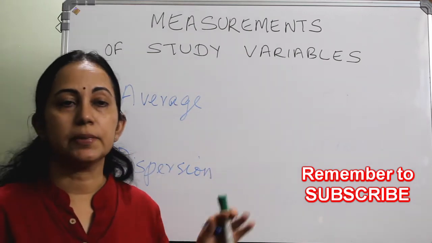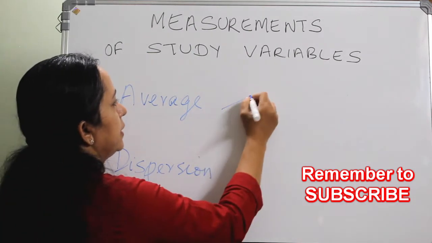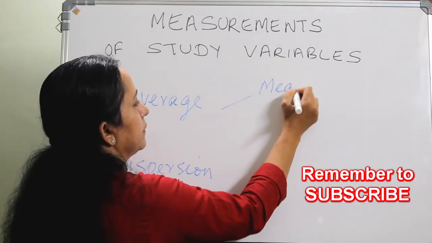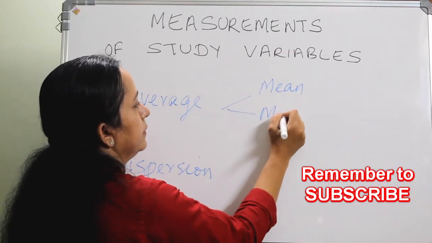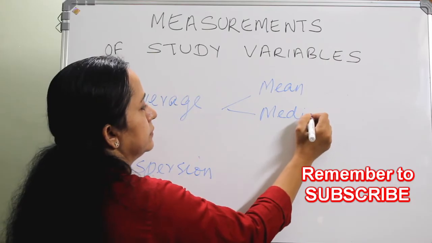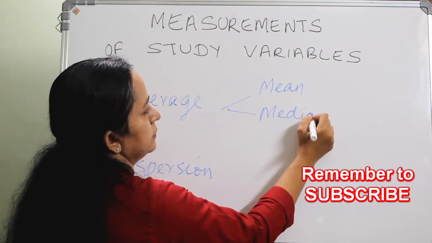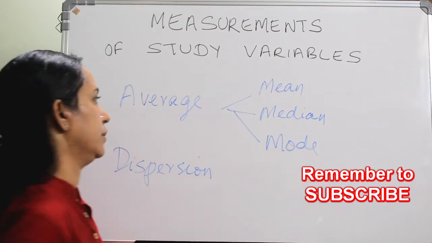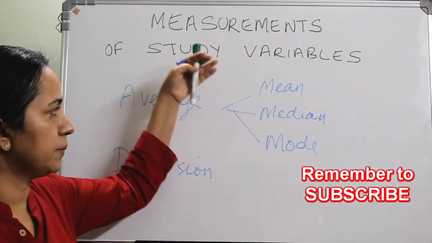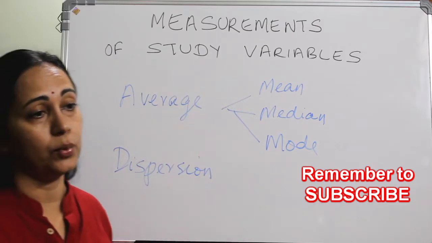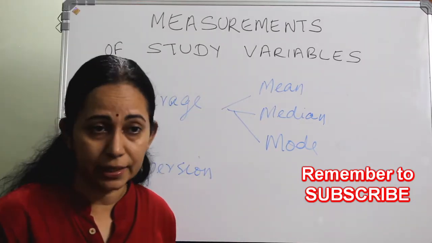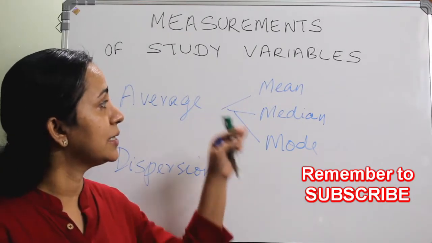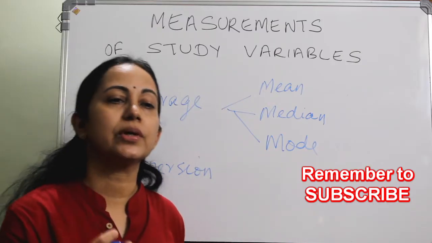So average is mainly by three methods. One is the mean, median, and mode. So average of the study variables is mainly by mean, median, and mode. You might have heard mean and standard deviation, isn't it? So it is by mean, median, and mode. So what is a mean?